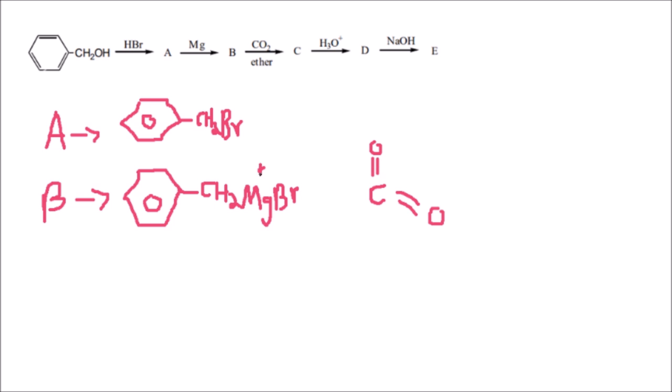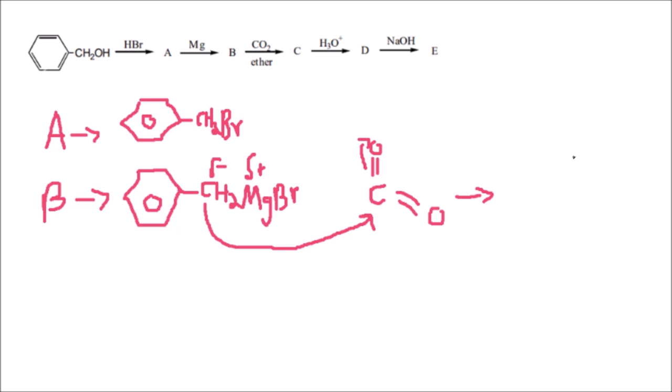So this is delta positive because it's a metal, and the CH2 is gonna, because it's negative, attack the carbonyl carbon, and the two electrons are gonna come back to the oxygen.